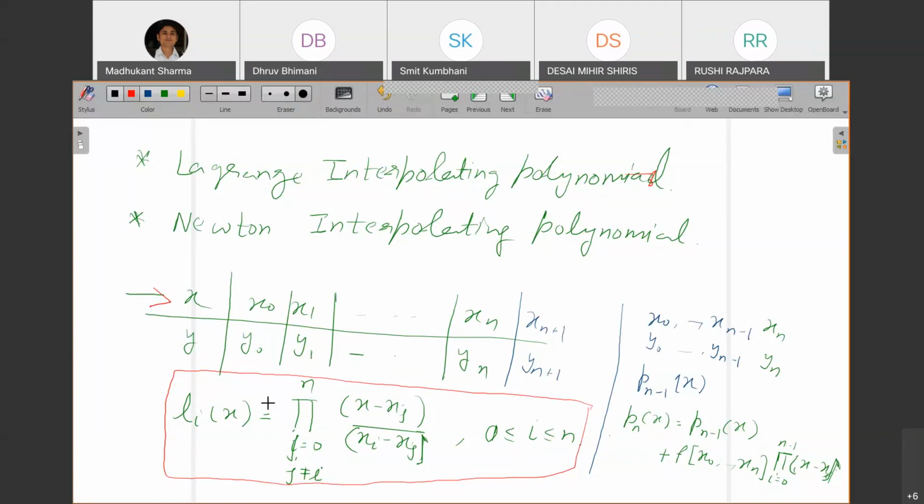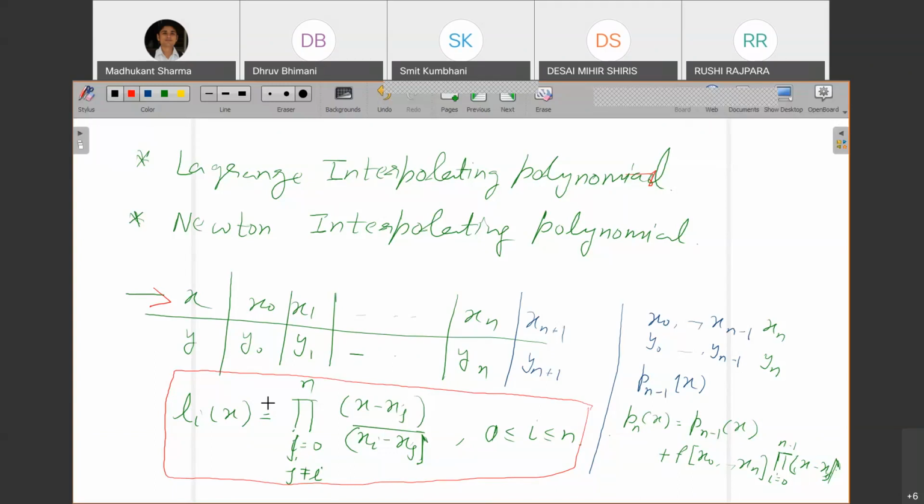Hope that by the given examples you have understood how to derive the divided difference table for given data, and then write the corresponding Newton's interpolating polynomial. Now, in Newton interpolating polynomial, do we have another type of error form?